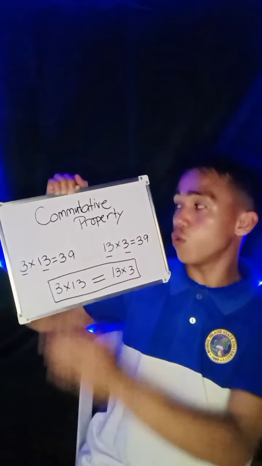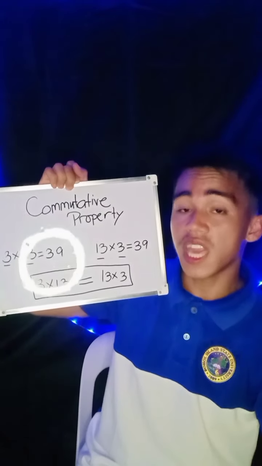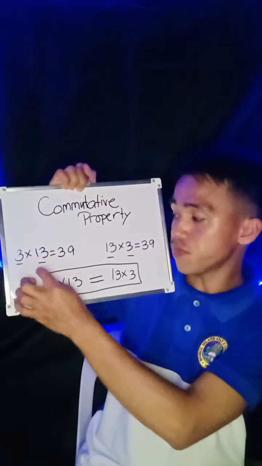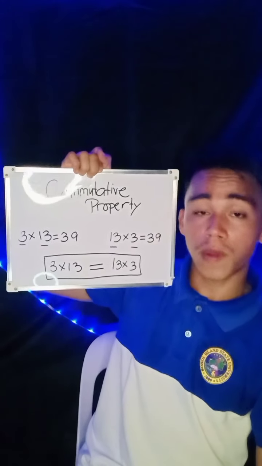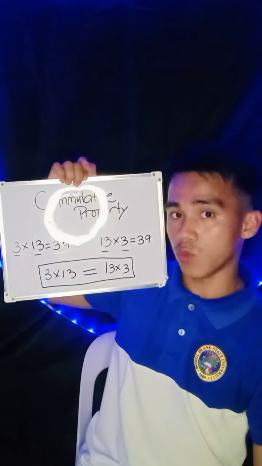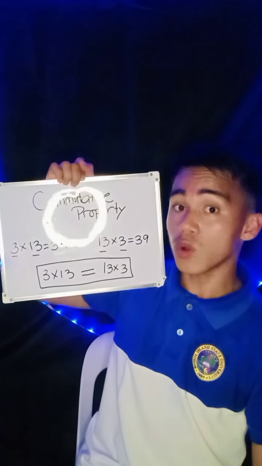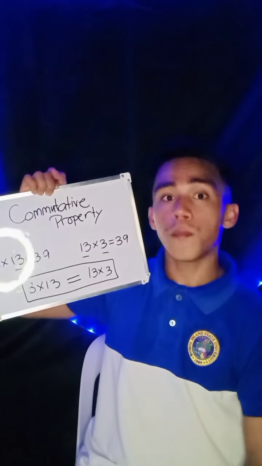So that is the commutative property. Again, the commutative property tells that if you switch the factors, whether multiplier or multiplicand, the product is still the same. The result is not affected. It is still the same. So that is the commutative property.